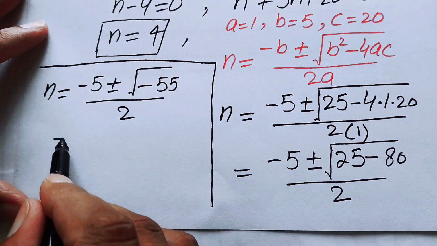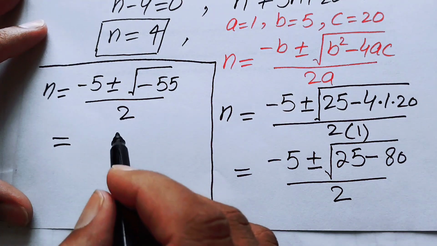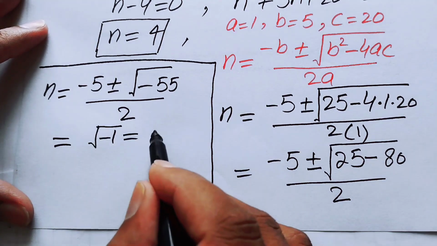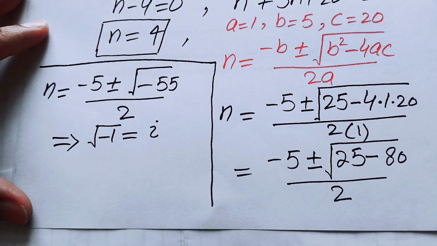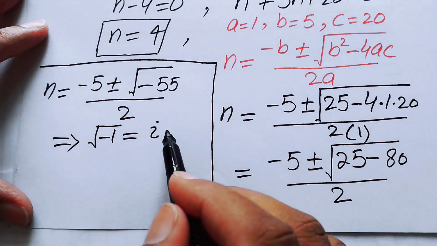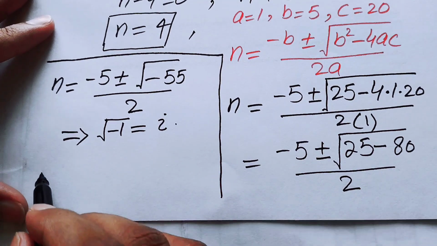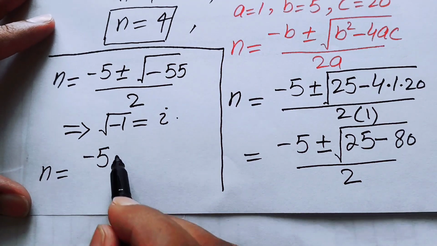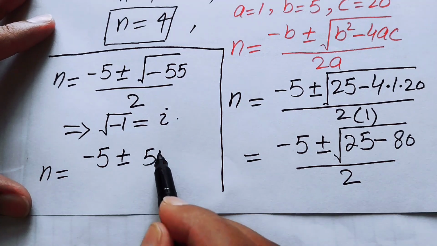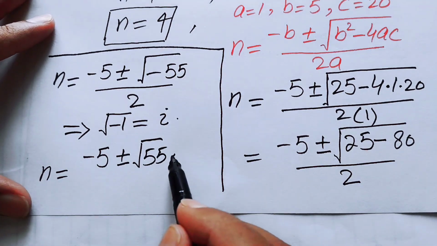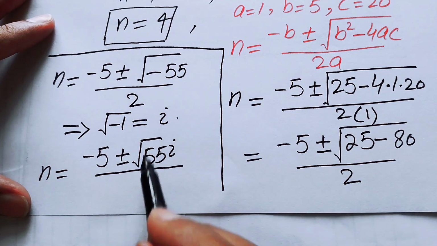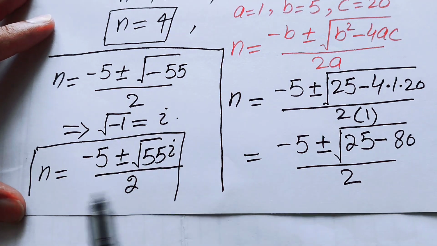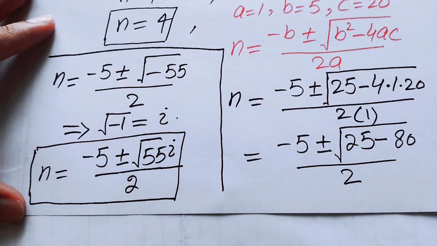And you see that when we have a negative sign under the square root, it will be equal to iota, so we can apply this fact, and finally you get the answer of this question is minus 5 plus minus iota square root of 55 over 2. So finally we have three roots of the given equation.